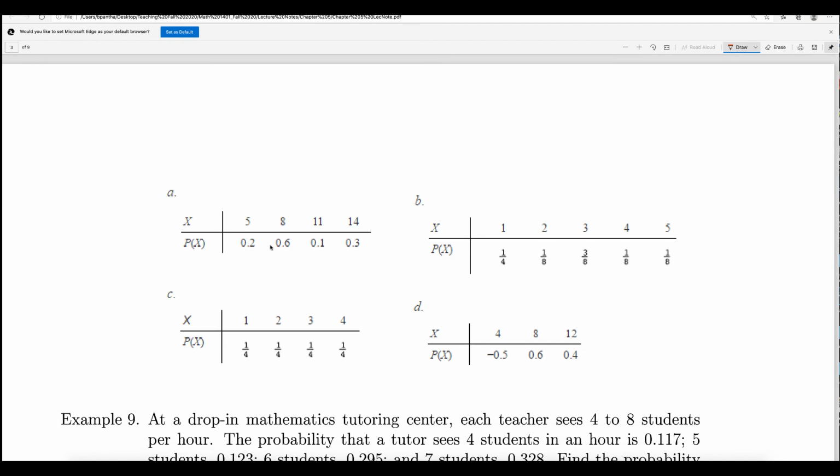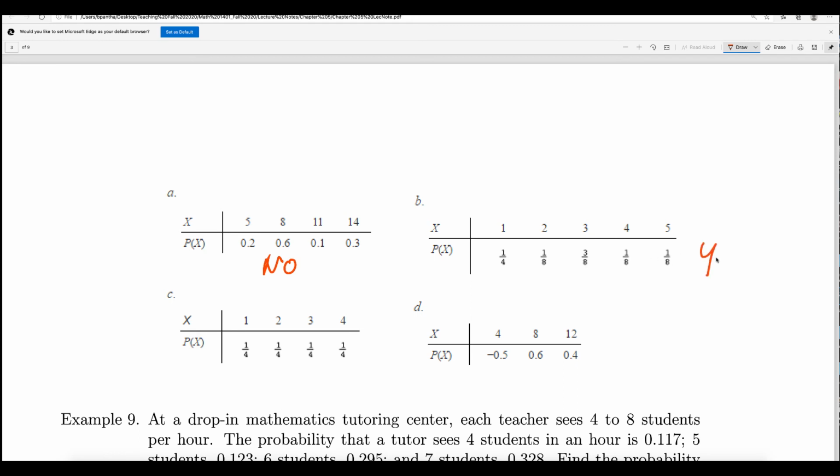Let us look at the first one. All the values are between 0 and 1. Okay, and then all of these, let's see the sum. 0.6 plus 0.2 is how much? 0.8 plus 0.1 is 0.9 plus 0.3 is greater than 1, because it will be 1.2. So it is no. How about this? 1/4 is basically 2/8 plus 1/8 is 3/8 plus 3/8 is 6/8, 7/8, 1/8.